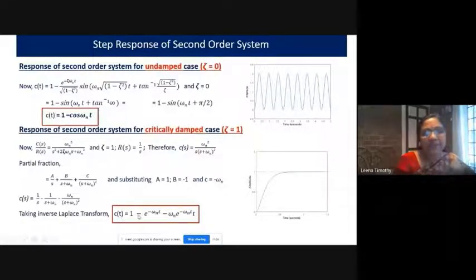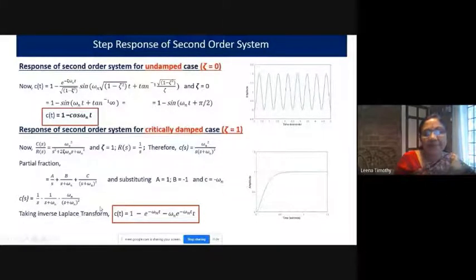So c of t is equal to 1 minus e raised to minus omega n t, minus omega n into t e raised to minus omega n t, since the last term is a ramp multiplied by e raised to minus omega n t.